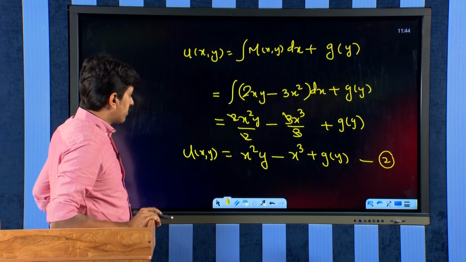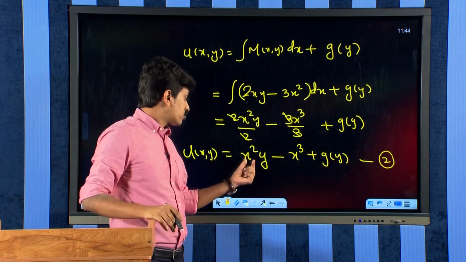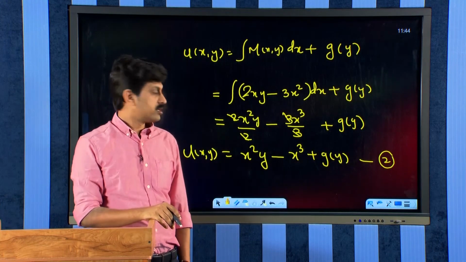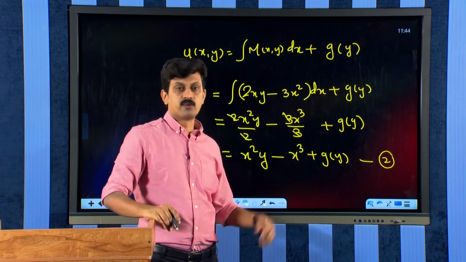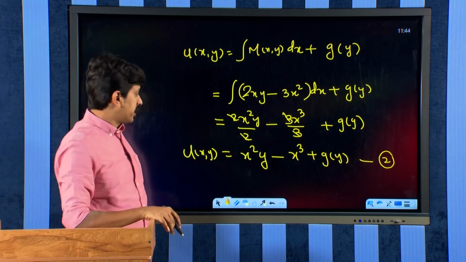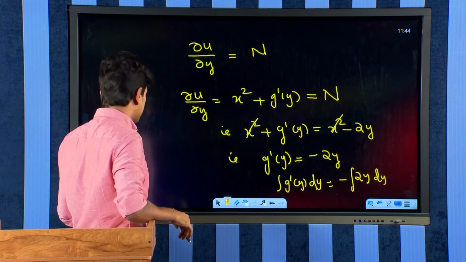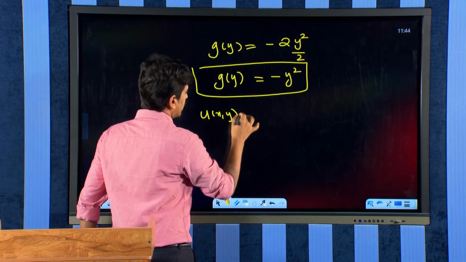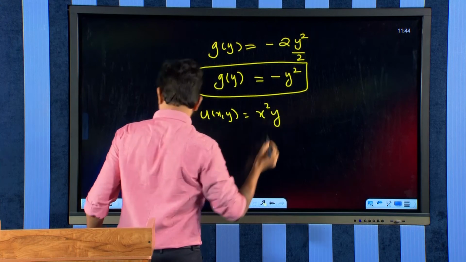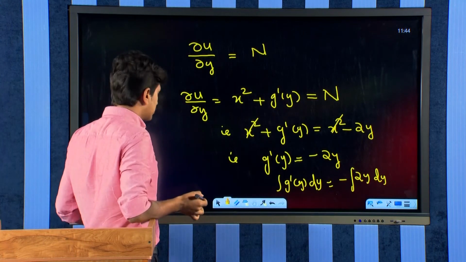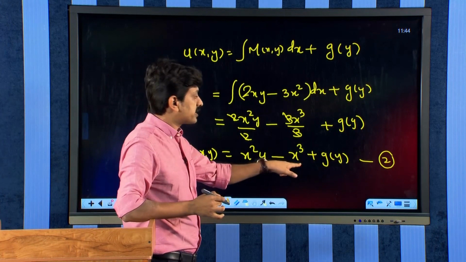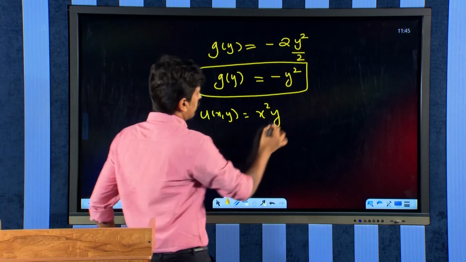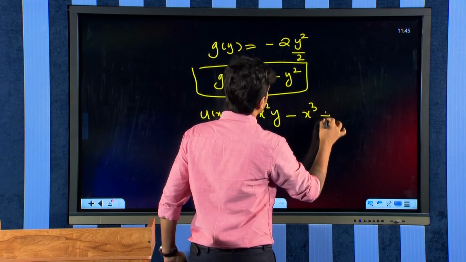We already found the general solution as x square y minus x cube plus g of y.